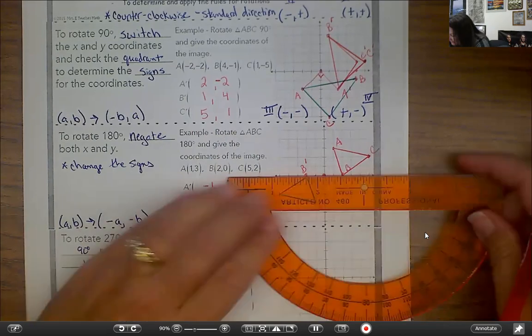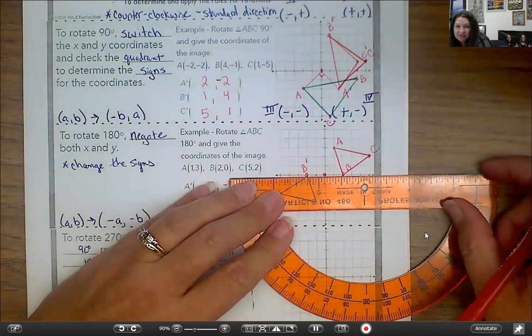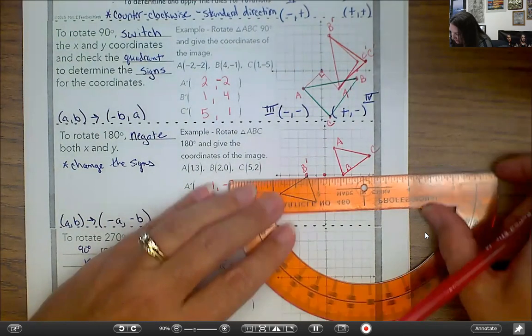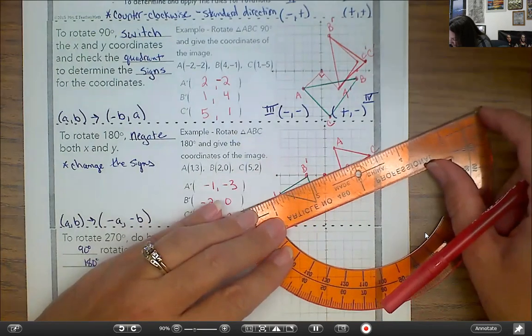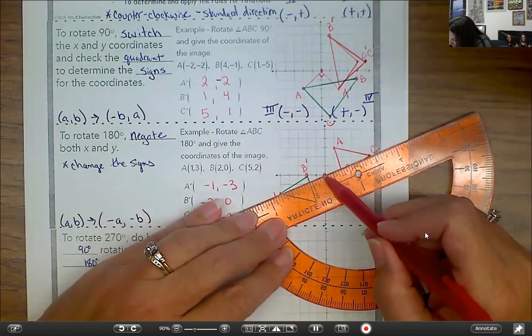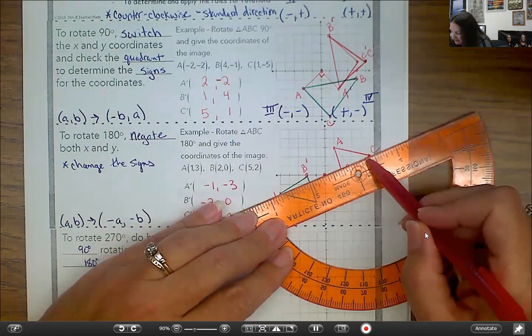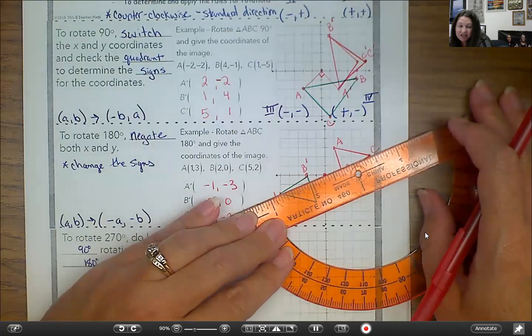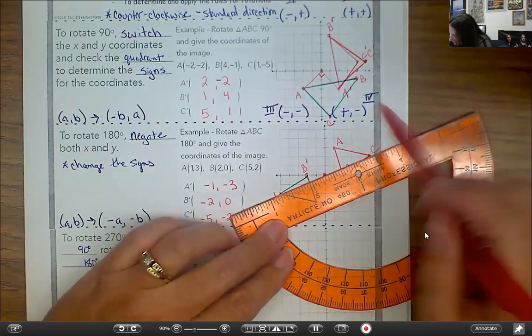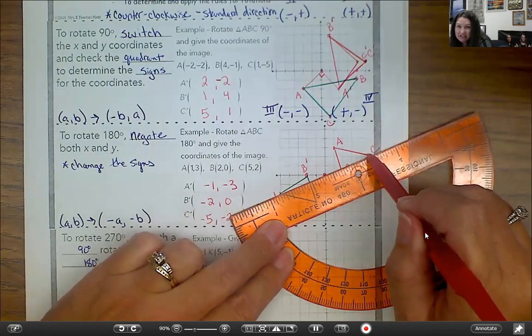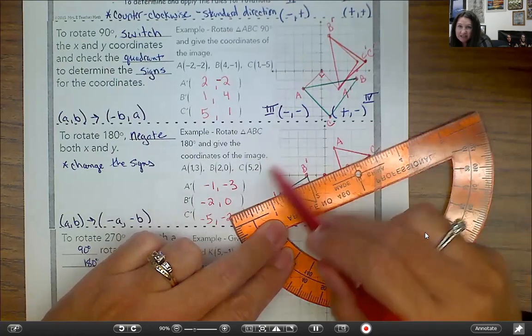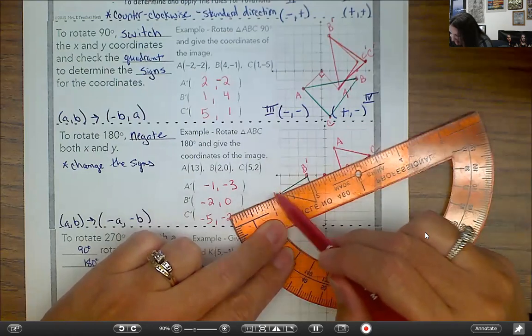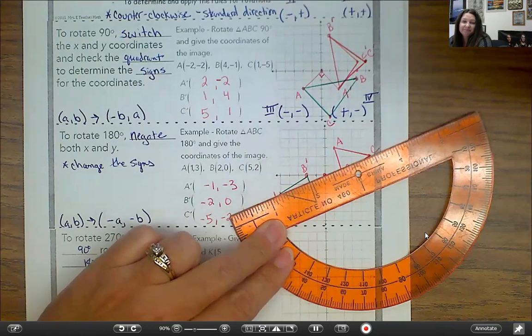That's easy to see with B and B prime because those are on the x-axis. But if we take C prime, the origin, and C, you can see that these all line up in a straight line, which is 180 degrees. So you've taken C, which is located here, and rotated it 180 degrees to right here.